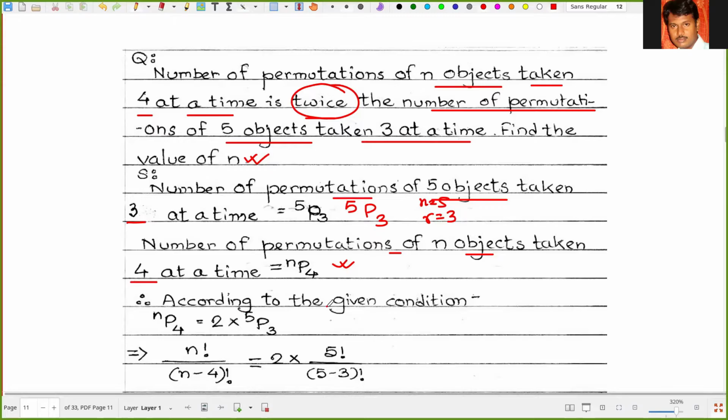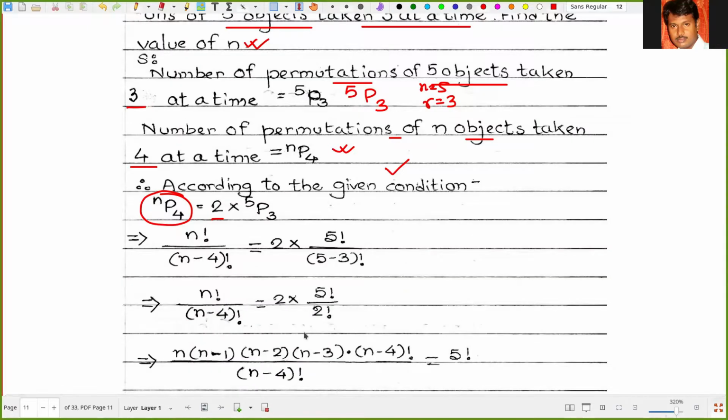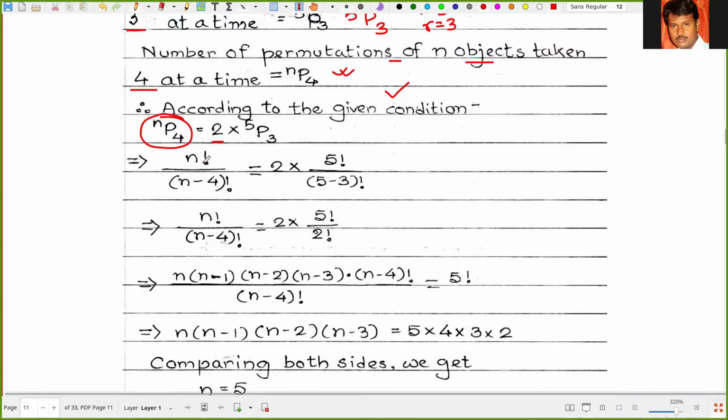So according to the given condition, nP4 is equal to twice 5P3, or nP4 can be written as n factorial upon n minus 4 factorial, which is equal to 2 into 5 factorial upon 5 minus 3 factorial.